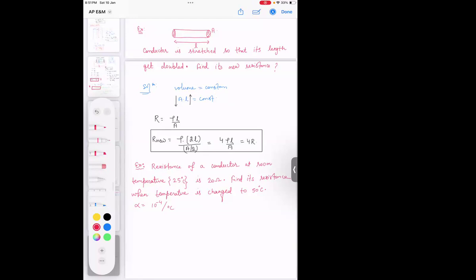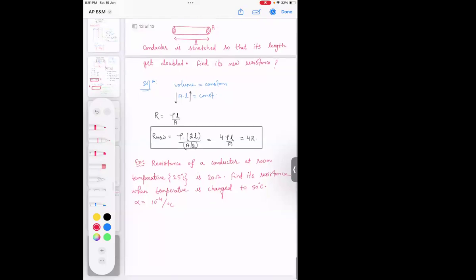Alpha is the temperature coefficient of resistance, and if you increase the temperature, it's not like the resistance will get doubled or tripled. With increase in temperature, resistance gradually increases. So alpha is a very small value, and with a small change in temperature, resistance also changes very little.